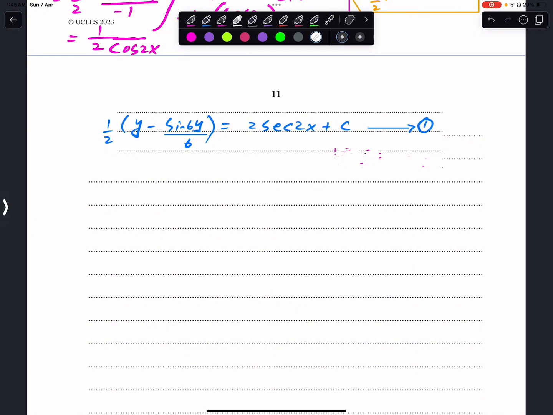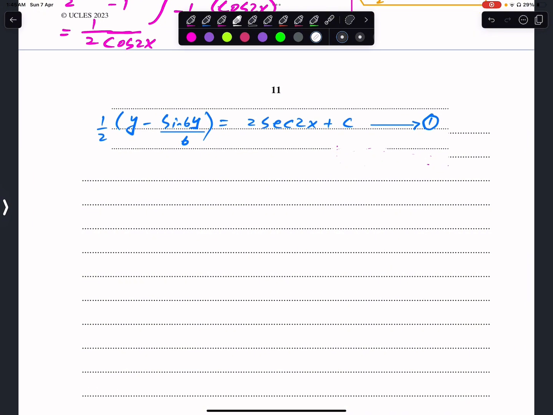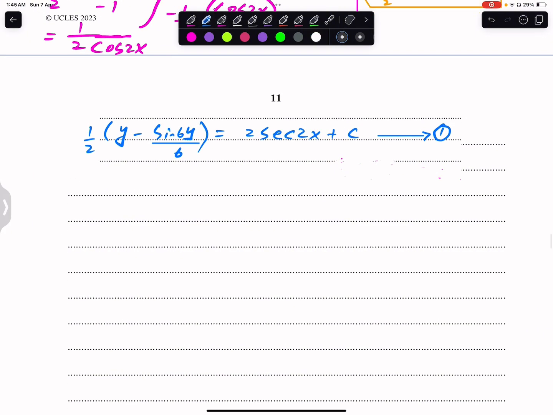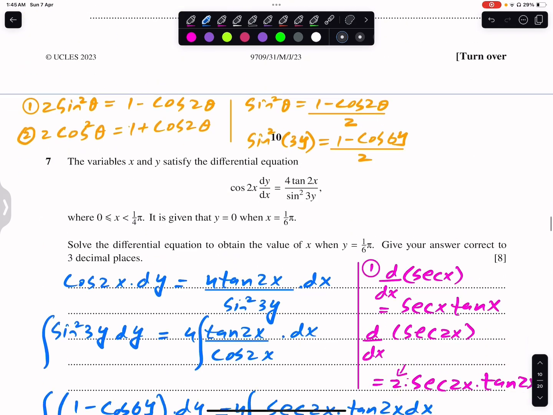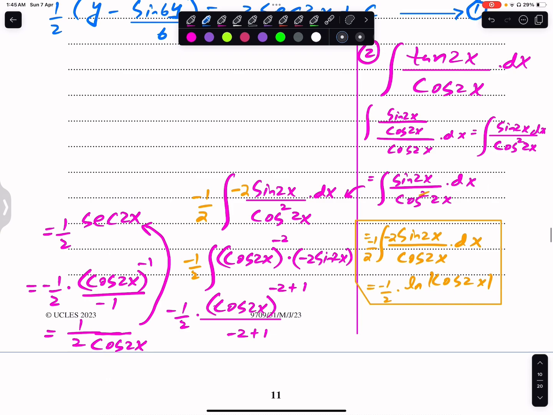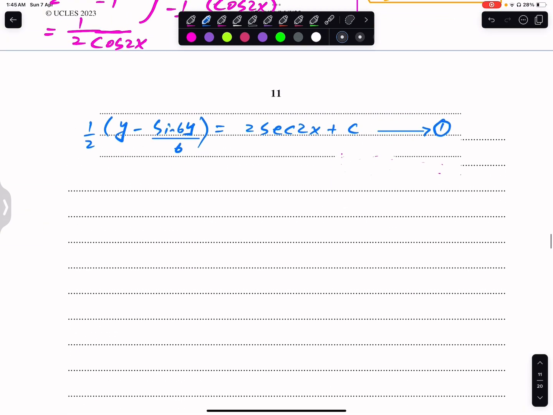Let's apply the condition on this equation. Now the condition says that you have y is 0 when x is pi by 6. So y is 0, sine 0 is 0, when x is pi by 6. So 2 times secant 2 times pi by 6 plus c.